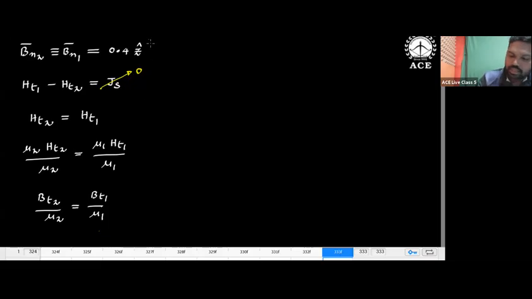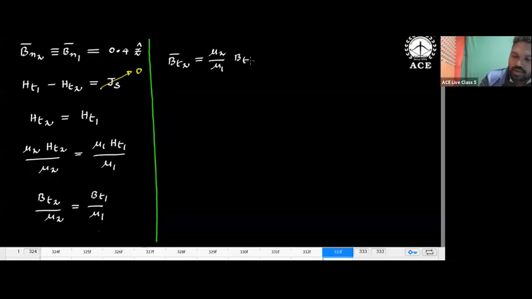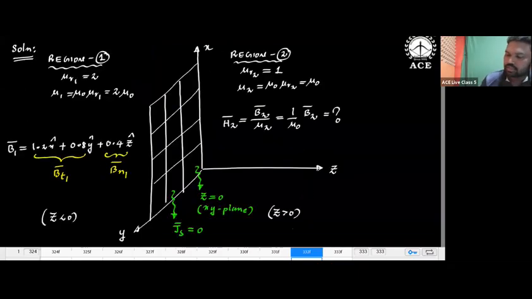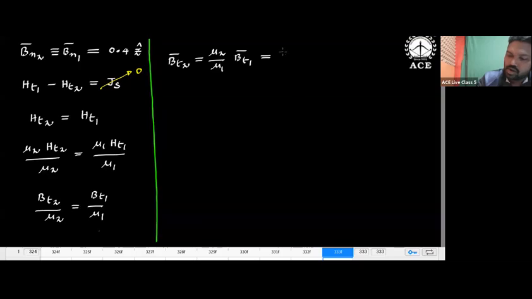I can write this one in the vector form. What is the vector form? BT2 vector is equal to mu2 by mu1 into BT1 vector. Here it is mu2. What is mu2? Mu naught. Mu naught divided by 2 mu naught into BT1.